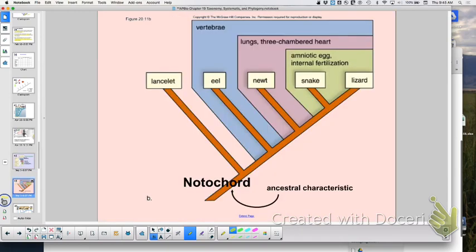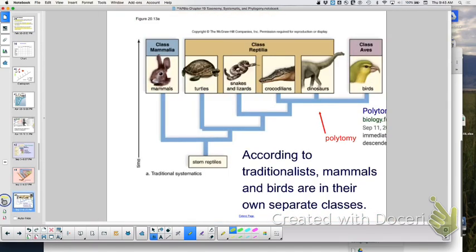So if you look here, your ancestral trait is notochord, and then we're starting to drop, we leave out lancelet because everybody else has what? Vertebrae, okay? Then everybody else has lungs. And then these two have amniotic eggs, right? So you want to go with the simplest explanation of that. We are going to run into a problem, okay?